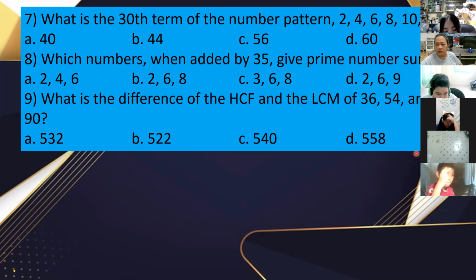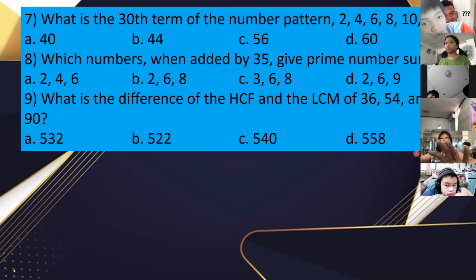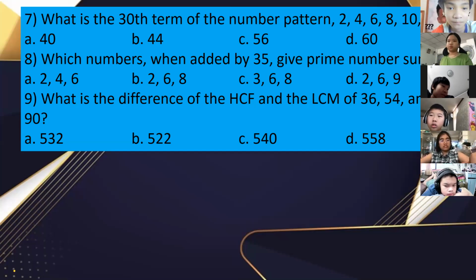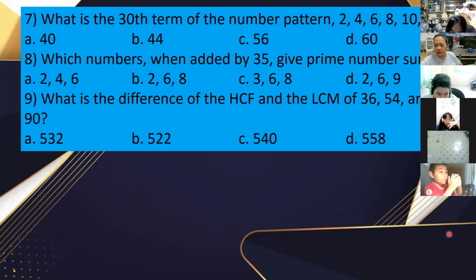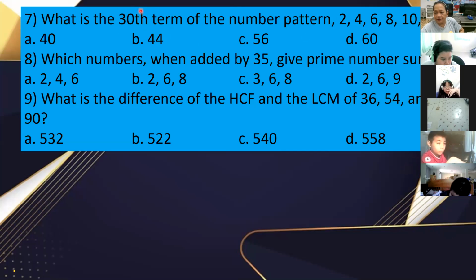I call. Oh, you raise your hand. Those who raise their hand. Puri, Yok, Bahas, Pai, and Gam, Pon. That is the 30th term of the number pattern 2, 4, 6, 8, 10, 12, 14, 16, 18, 20, and so on until you reach the 30th term.